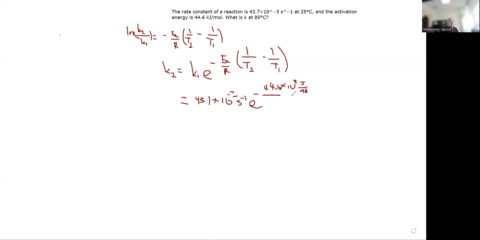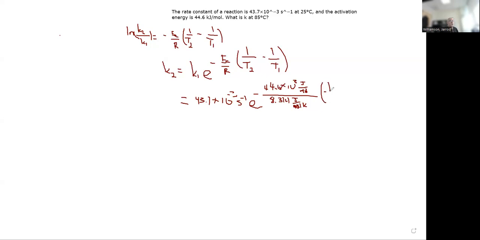I know it's sloppy, guys. Divided by 8.314 joules per mole Kelvin. I know it's real sloppy.